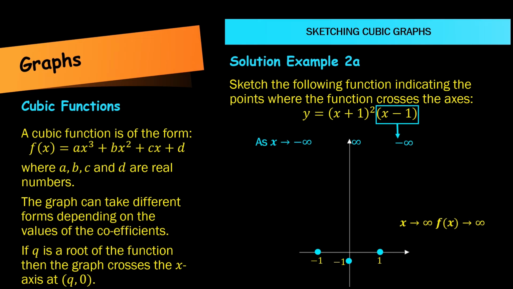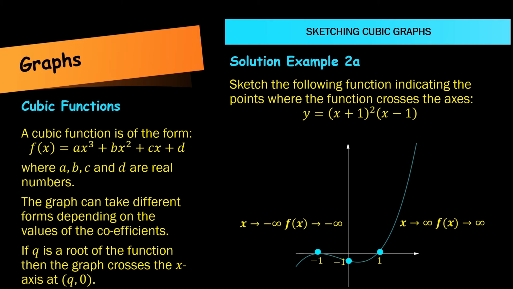So when we multiply a positive number by a negative number, we obtain a negative number, and therefore f of x tends to minus infinity. So when we sketch the graph incorporating these points, it should look something like this.